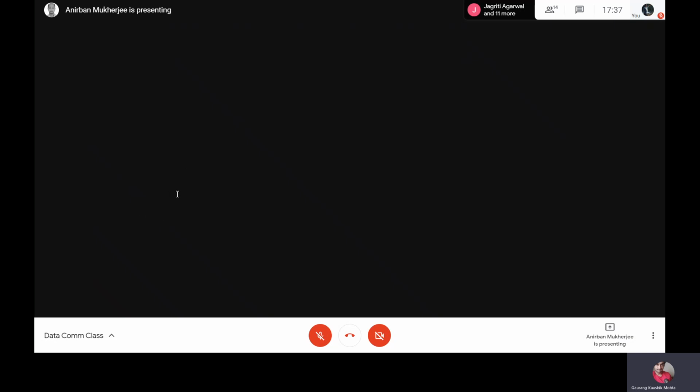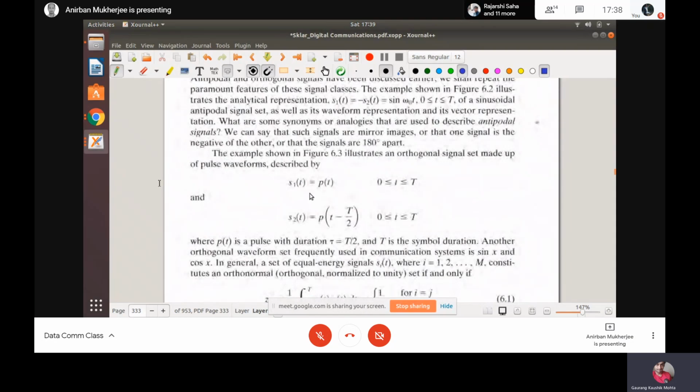Now let us see what it is. First of all, we are generating the pulse waveforms. You can remember in the baseband case we are sending the pulses.